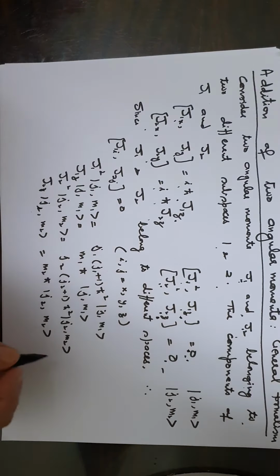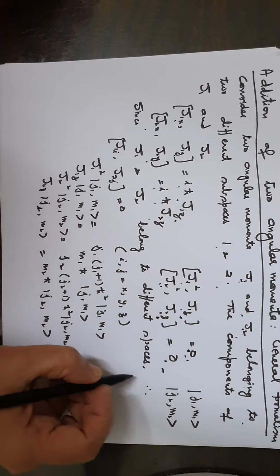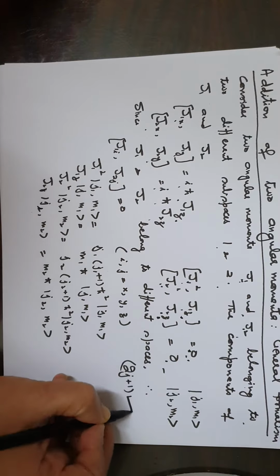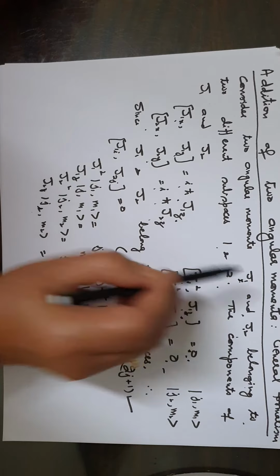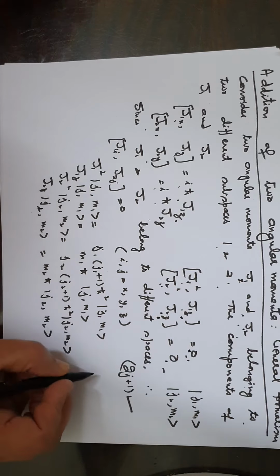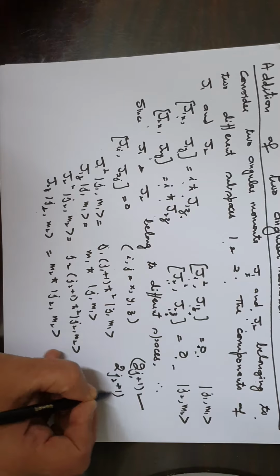The dimension of the space to which J1 belongs is 2J1+1, and the dimensionality of the space to which J2 belongs is 2J2+1.